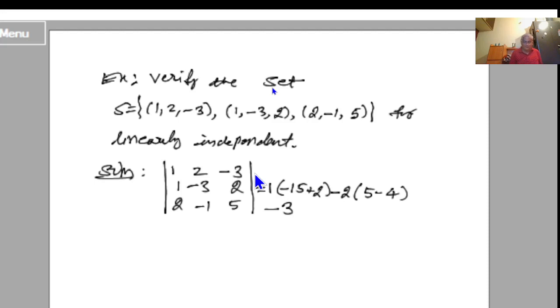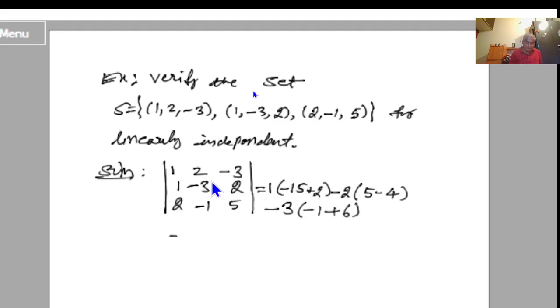Plus -3 into 1 into -1 is -1, minus of minus plus 2 into 3, 6, that is plus 6.